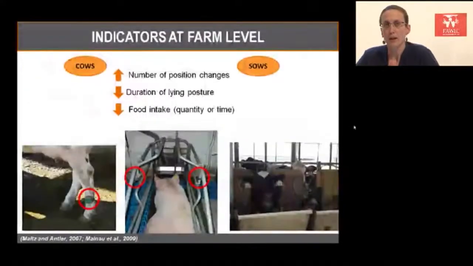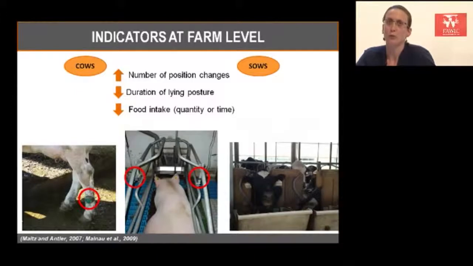And here I just explained several pieces of scientific evidence, but the question is what we can do at farm level. So in cows and sows, probably the best indicators that we can use at farm level are an increase in the number of position changes, a decrease in the duration of lying posture, and probably also a decrease in food intake, in quantity and also in the time that animals spend in the feeder.